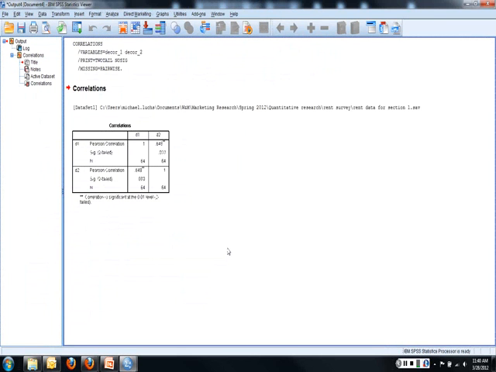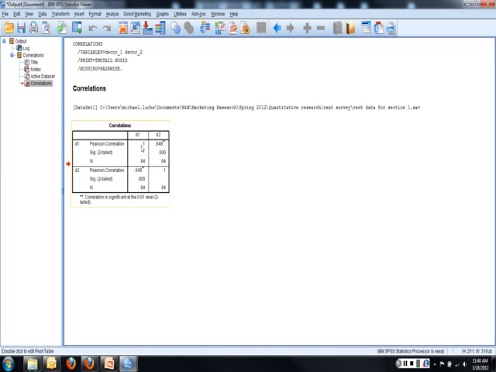And before I interpret this, I want to help orient you to this table. With the correlation matrix, in this case it's pretty simple because we only have two variables, but with the correlation matrix in general, we'll see one of these again later, you have the variables across both the top as well as along the side. And so we're looking at the relationship between D1 and D1, which obviously are perfectly related since it's the same variable.